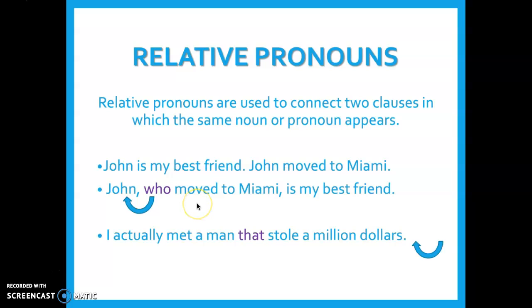Okay, the same is true of this one. I actually met a man that stole $1 million, and so we see a relative pronoun that is referring to a man, right? And you can tell there are two clauses here. I actually met a man. He stole $1 million. So that connects this clause with this clause.